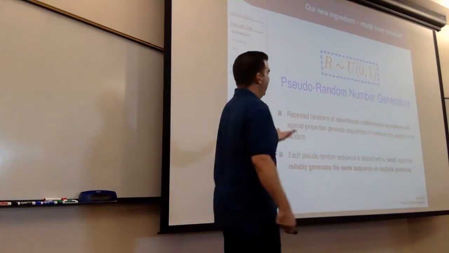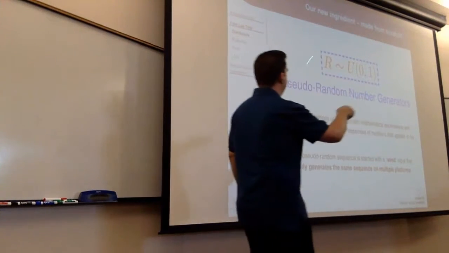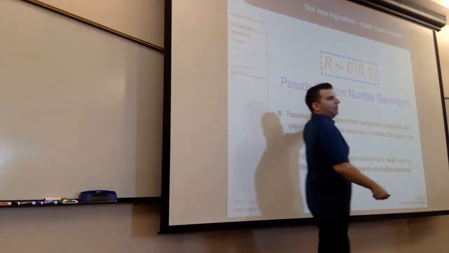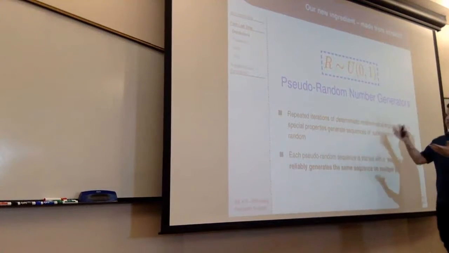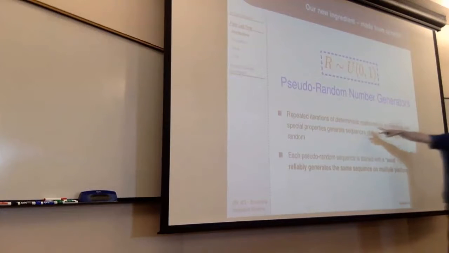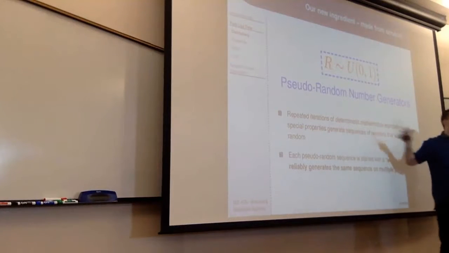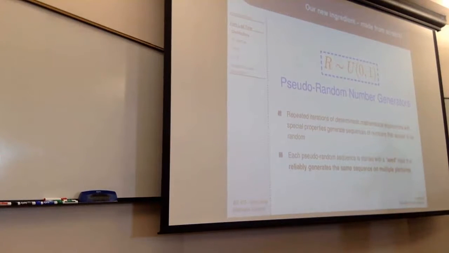So, what we answered last time was, how do we generate these things? And how do we get the uniformity and the independence to begin with? We said that the simplest and most convenient way to do this inside a computer is to come up with deterministic mathematical expressions that mimic randomness. This is actually closely related to things like chaos.